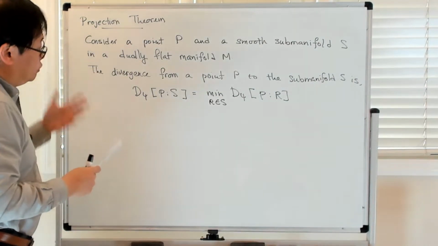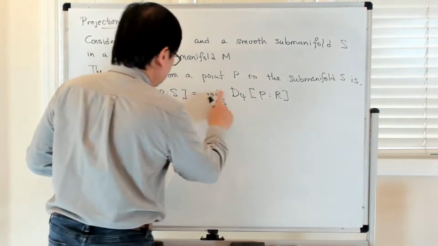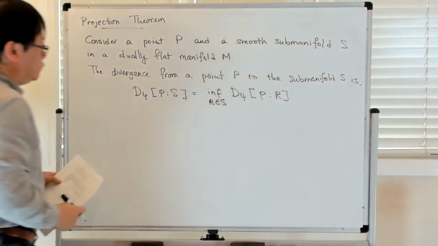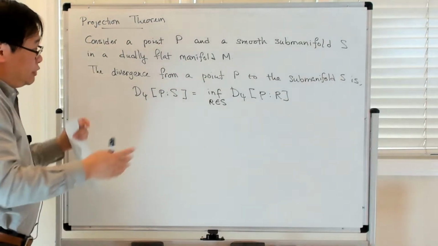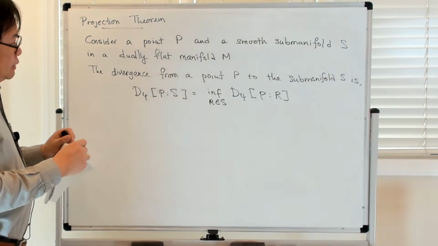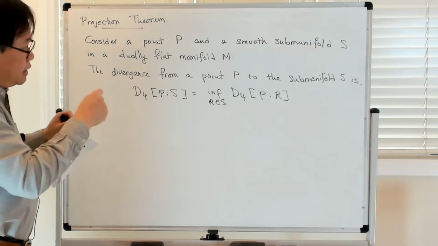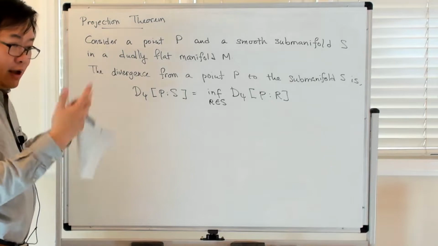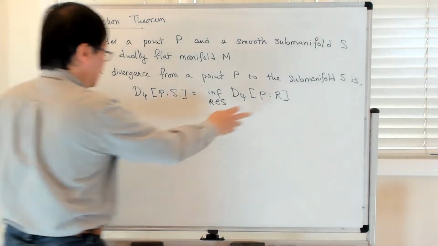All right, so more generally, you maybe have to think of this as the infimum, right? So basically what you're doing is that you're looking at all possible divergences between P and some point on the submanifold S, and you want to find the infimum of that divergence.